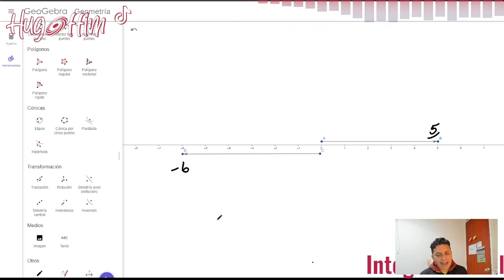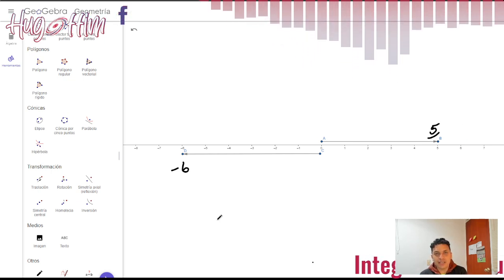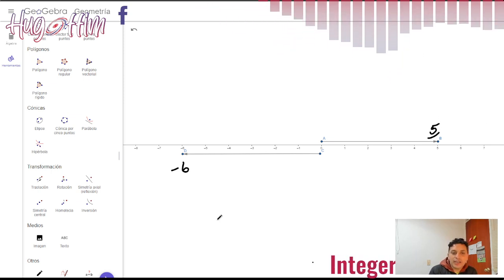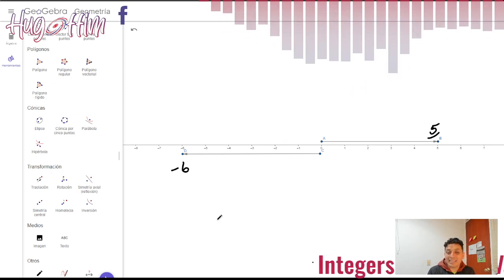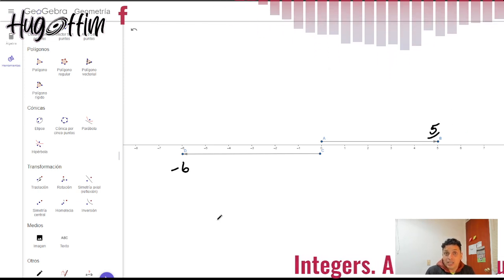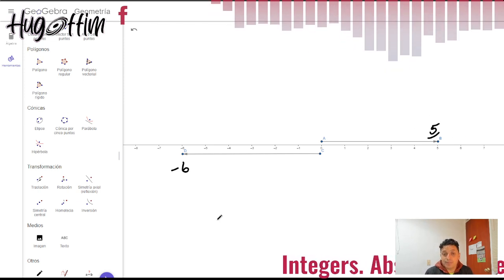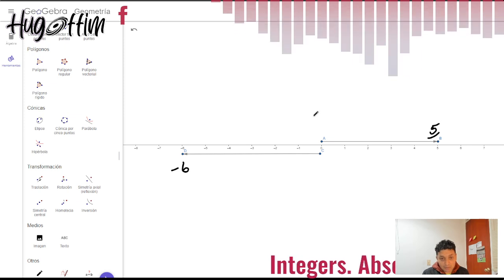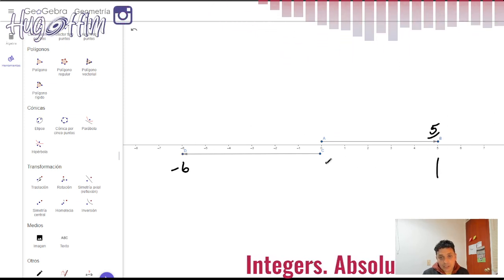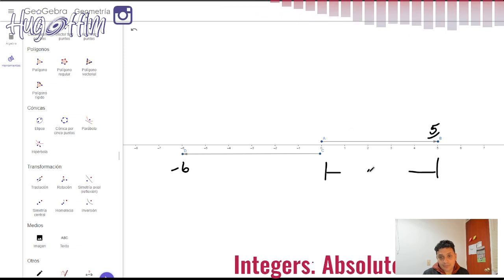Now, how can I know the length of the arrow? The length of the arrow is going to tell me the magnitude of this arrow. The length of the arrow is going to tell me the number that I'm using. So for example, the length of this arrow is going to be 5, right?